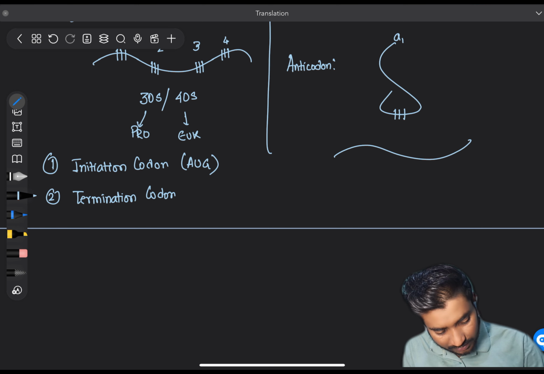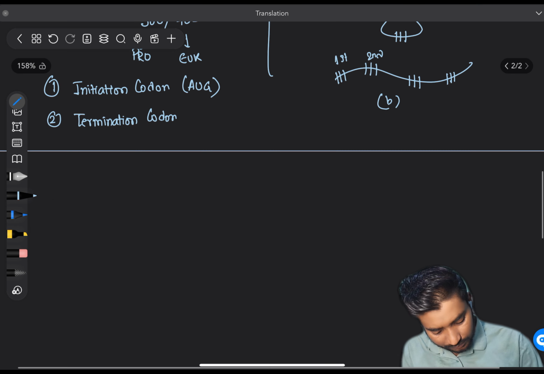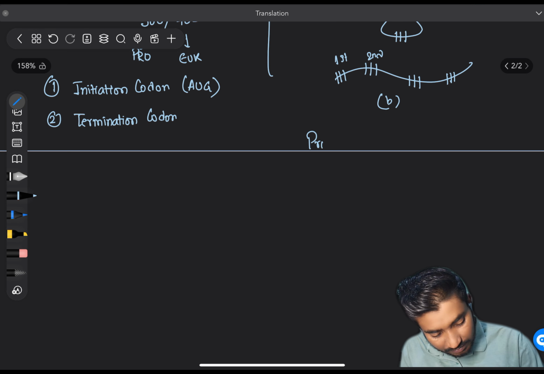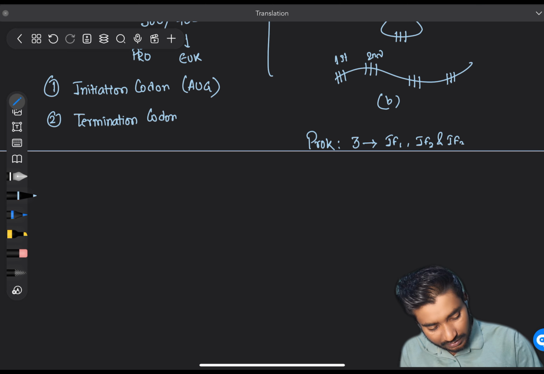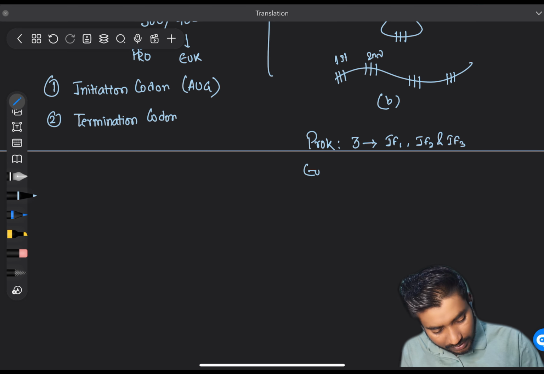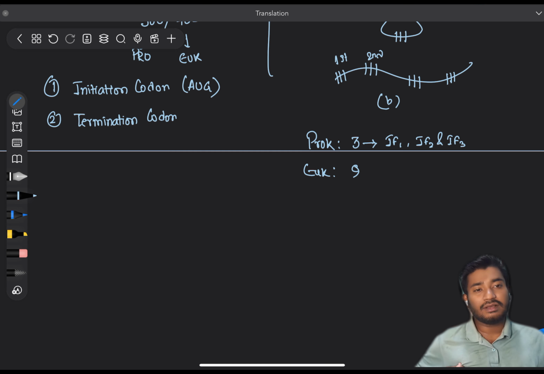Prokaryotes contain 3 initiation factors, that is IF1, IF2 and IF3. And eukaryotic consists of 9.